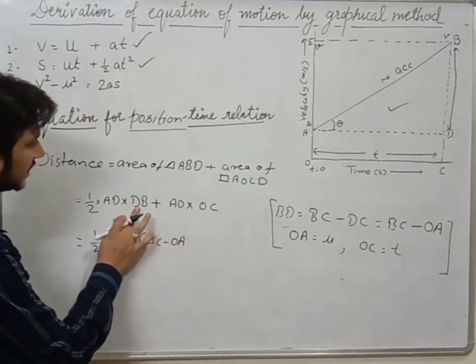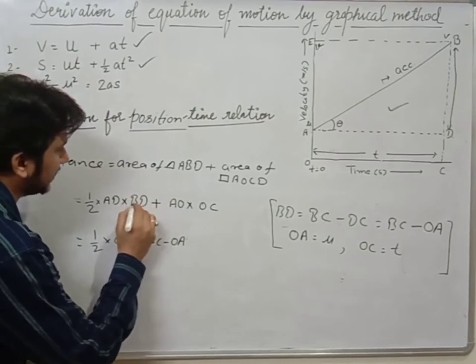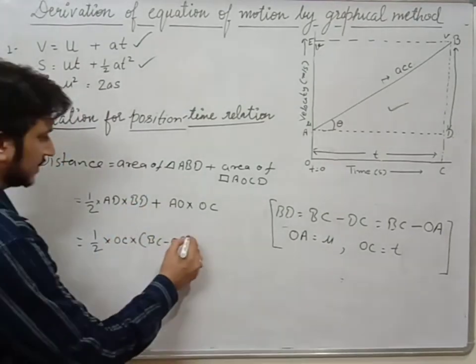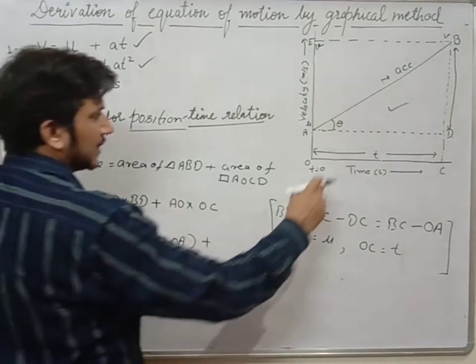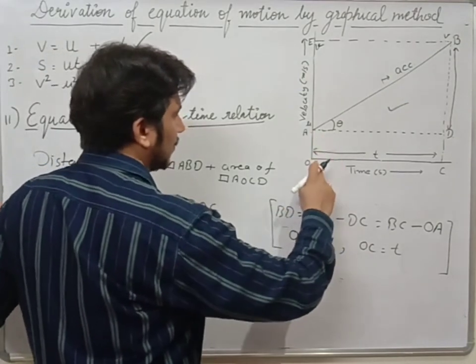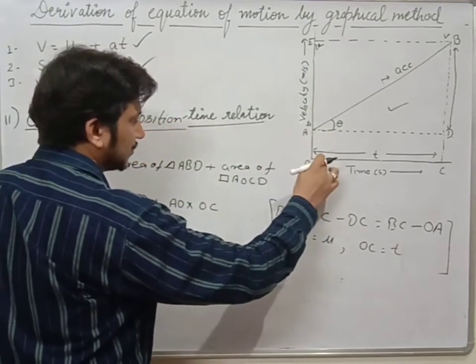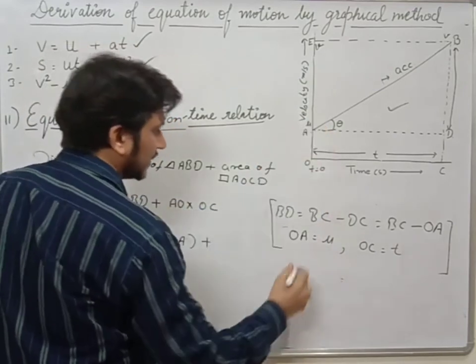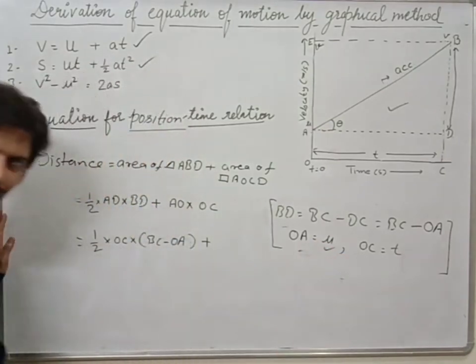You can write BD as BC minus OA, plus AO, and AO equals U, the initial velocity U.